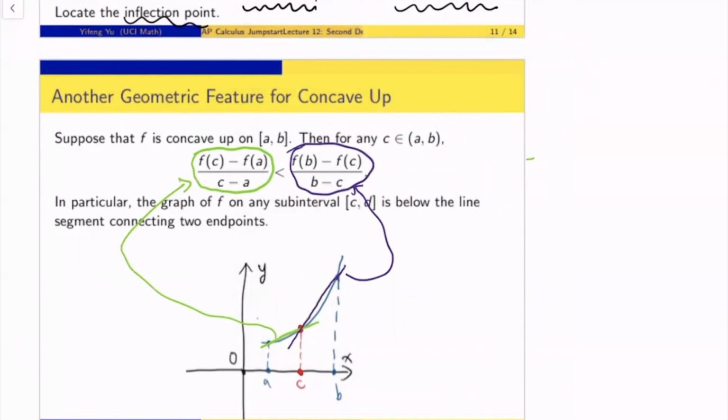This is another geometric feature of concave up, which is clear from the graph. Here we omit the proof.